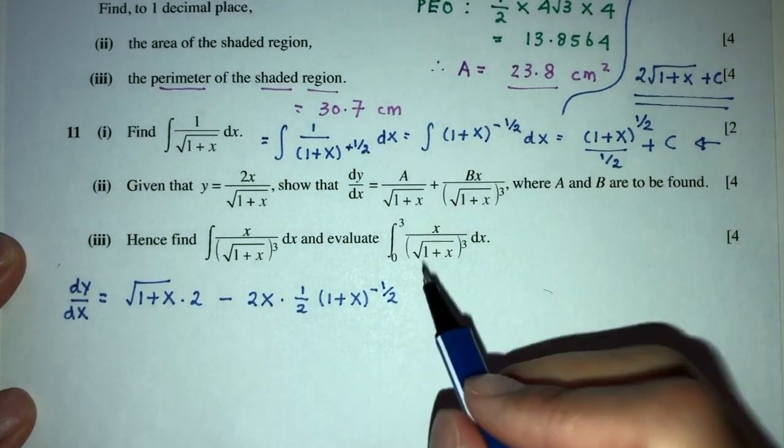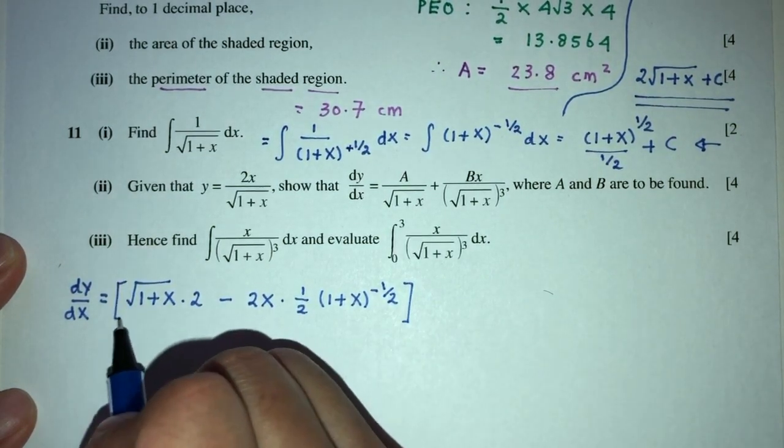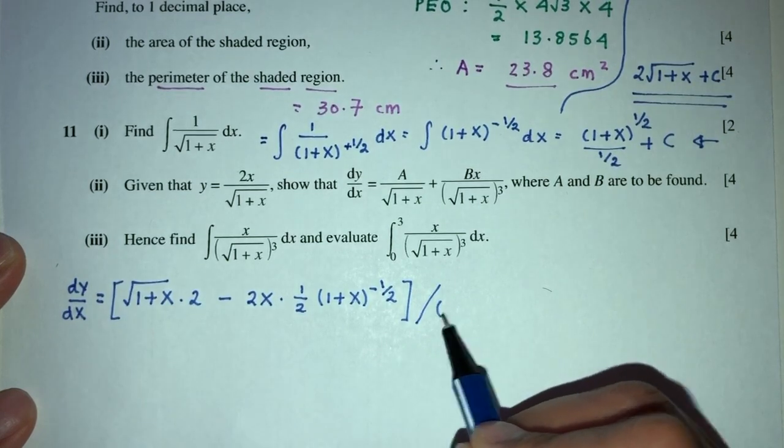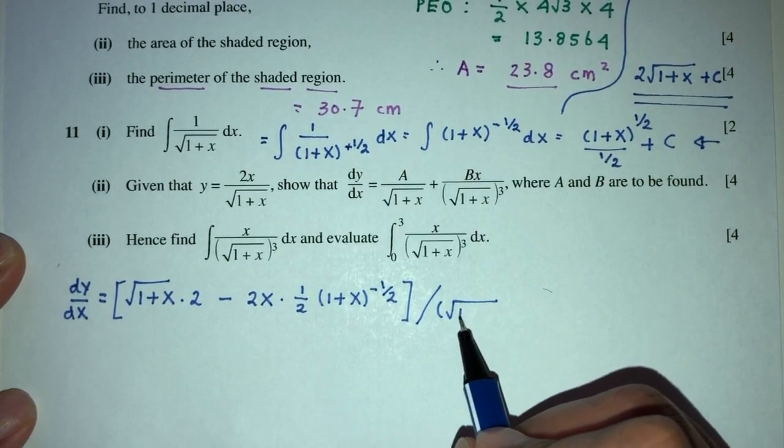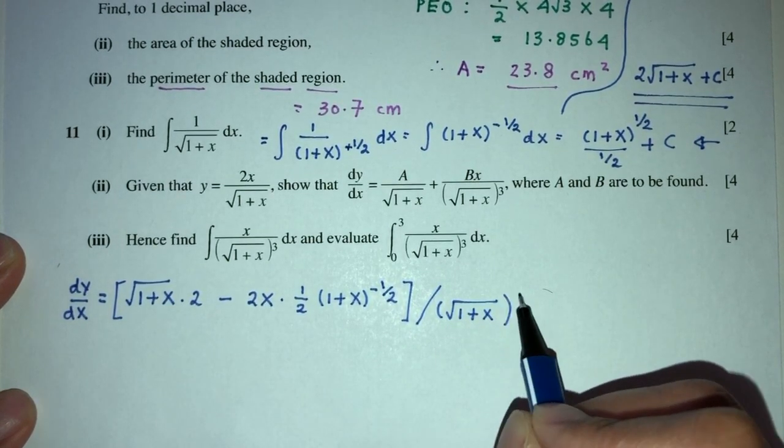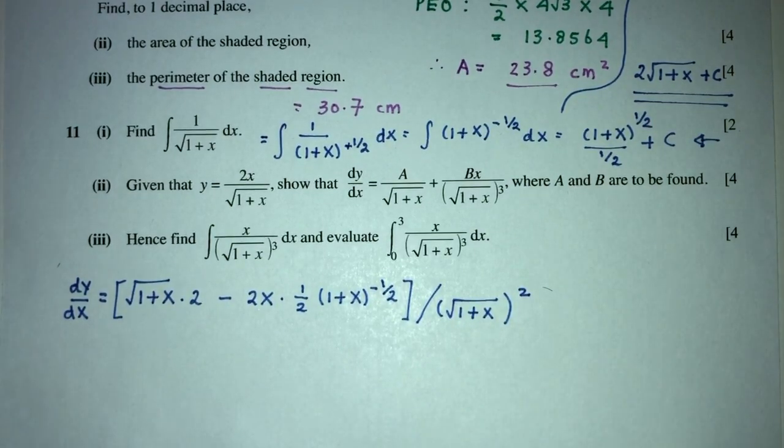Right, and then everything divided by the base squared, so this 1 plus x, squared.